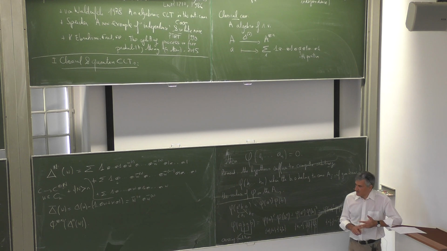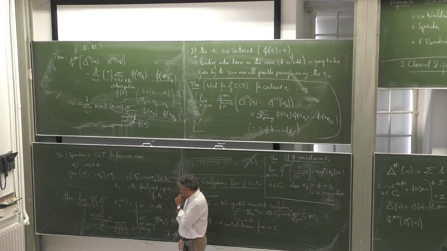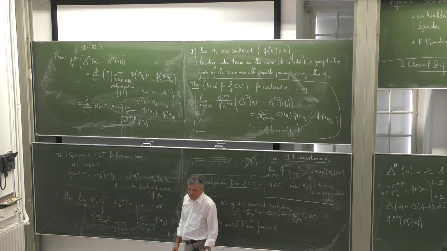So this is one thing, and the other thing I want to insist on is that we have started to see that there are also some phenomena that show up that are a bit different from the usual ones when we move from the classical world to the non-commutative world.